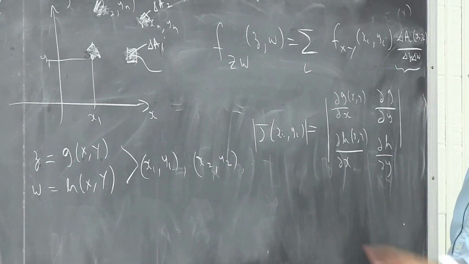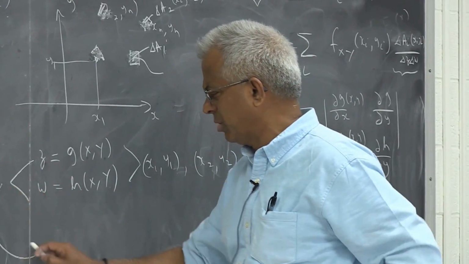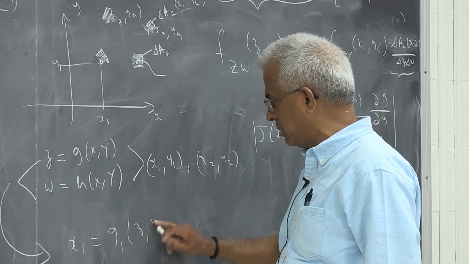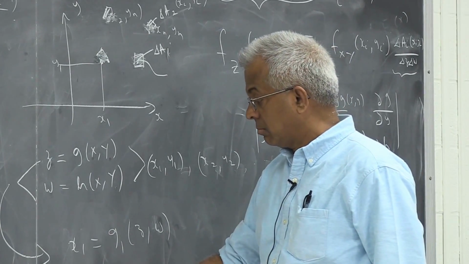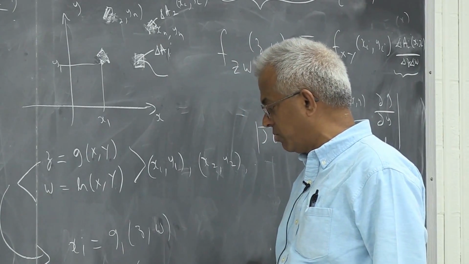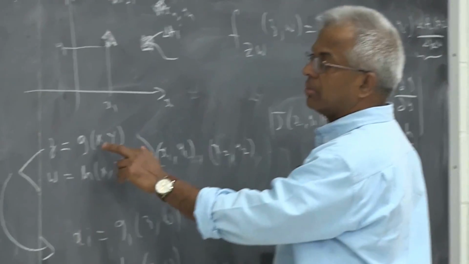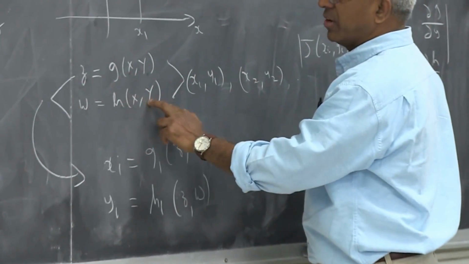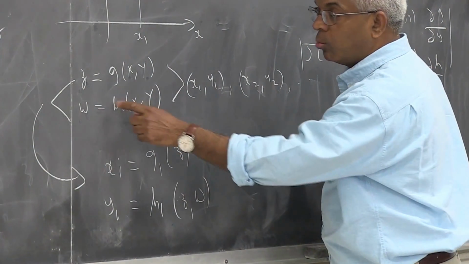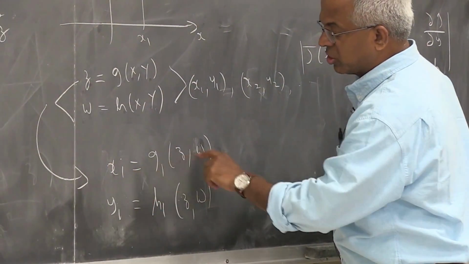Or you can also, if you can solve this, write these two functions in terms of x_i equal to g1 inverse of z comma w, and y_i in terms of h1 of z comma w, the inverse functions. In other words, look here, g of xy is z, h of xy is w. I'm going to express x and y in terms of z and w. If you do this, then I can take the derivative with respect to z and w.